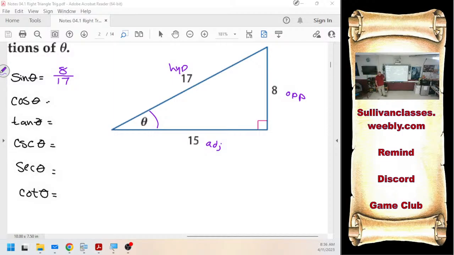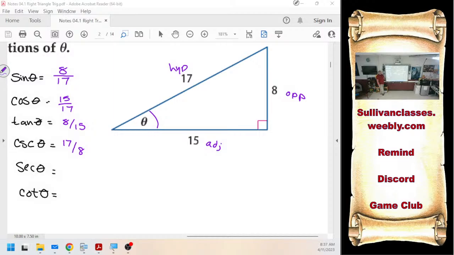Cosine is who over where? Adjacent over hypotenuse, 15/17. Because these are Pythagorean triples and they are reduced down to their primary form, none of these will have to be reduced. Tangent, opposite over adjacent, 8/15. And then cosecant. It is going to be hypotenuse over opposite instead, so 17/8.